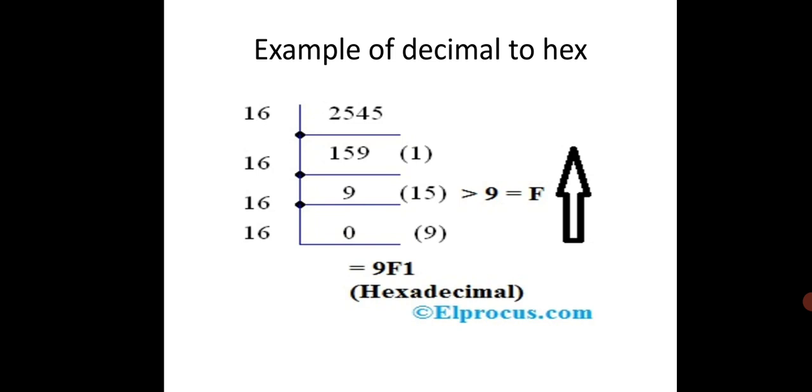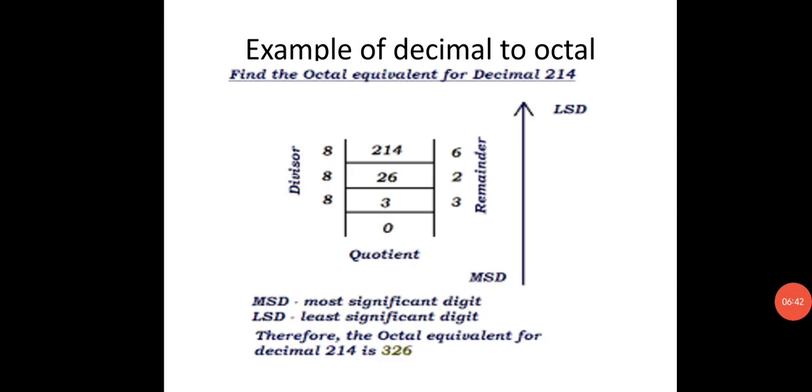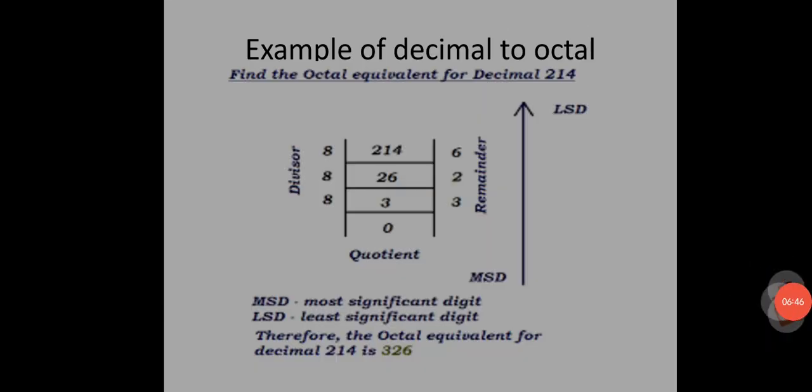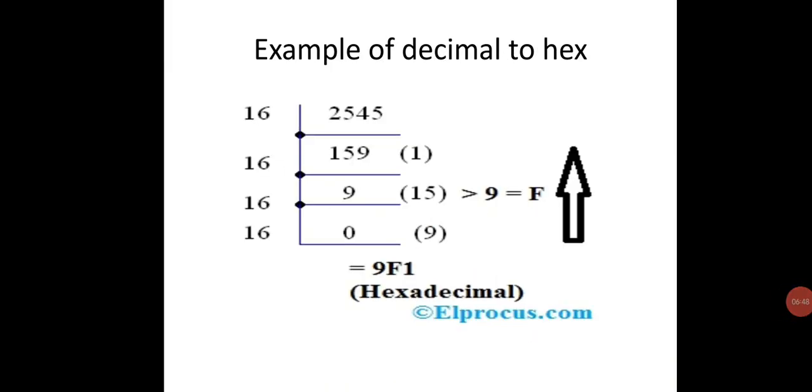We denote 15 as F. So 9F1 is your hexadecimal value for the decimal value 2545. In this way we have seen the conversion of hexadecimal to decimal and decimal to hexadecimal.